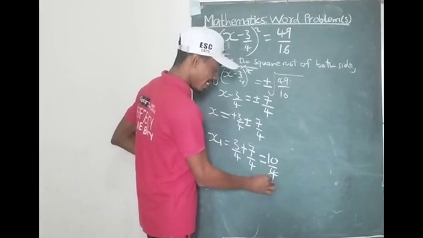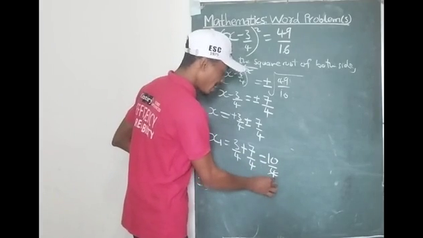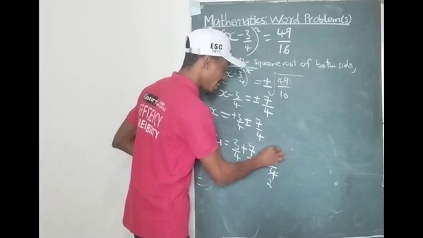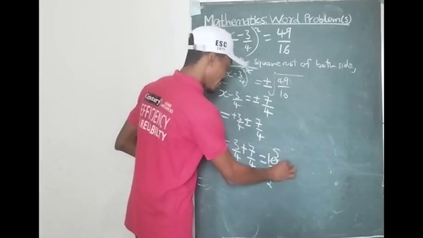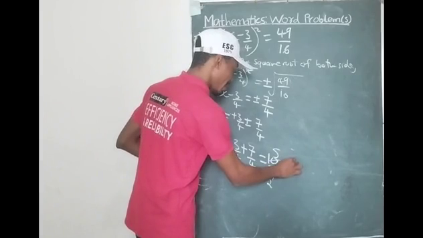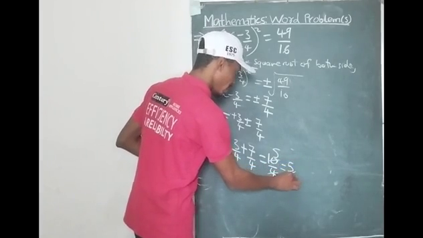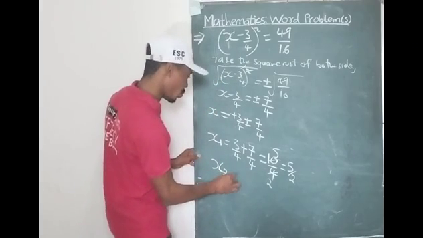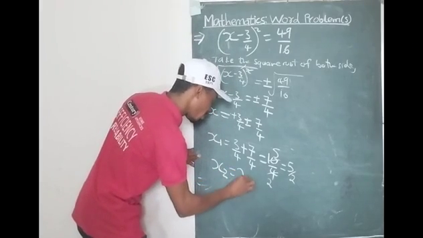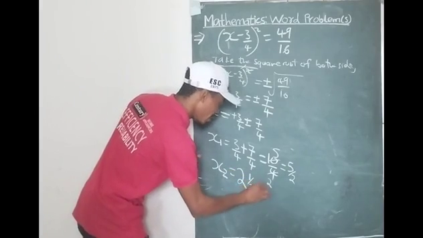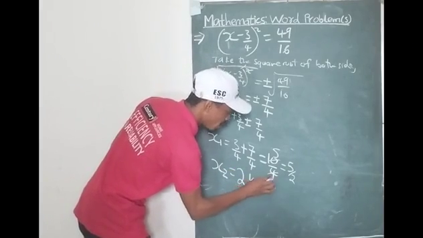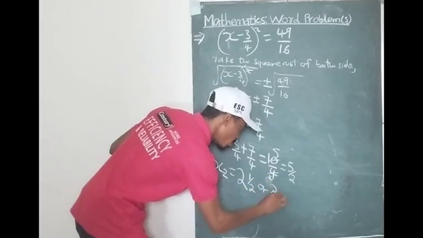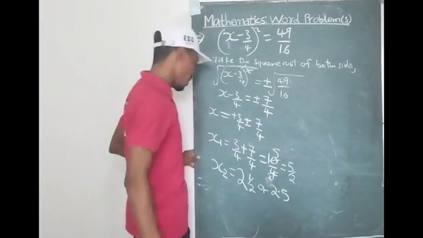You can see that 2 cancels here, 2 goes here, 5, and 10 over 4 gives you 5 over 2. You can represent 5 over 2 as 2.5. So that's the first root.